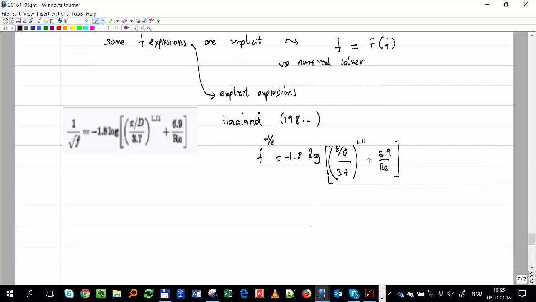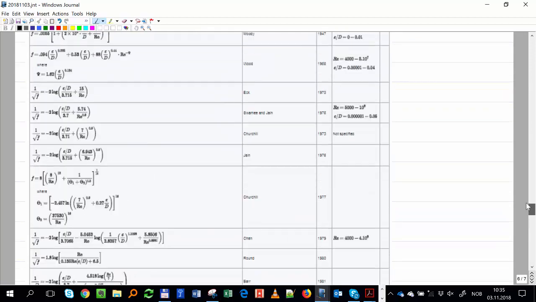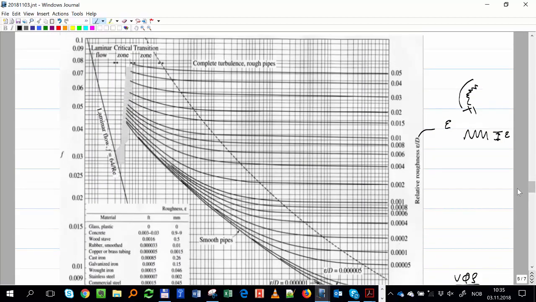And here you have also to be careful. Remember that in this plot we have two regimes. This regime we call the turbulent, so for that we use all of those ugly equations.